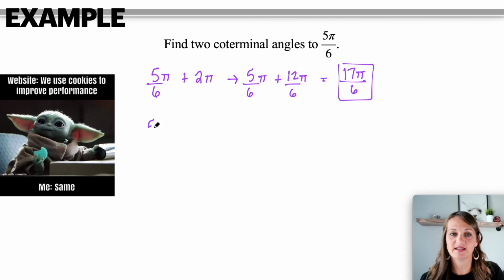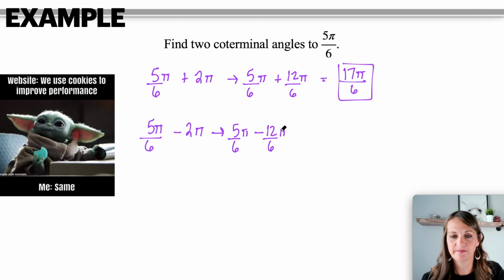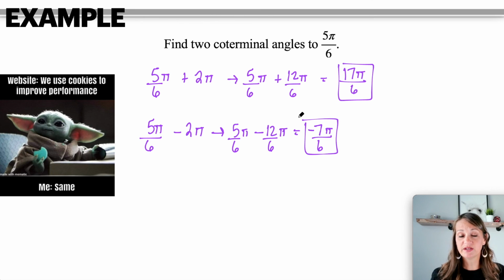To subtract, you would get 5/6 pi minus 12/6 pi, which would have been negative 7 pi over 6. So either one would have been two coterminal angles.